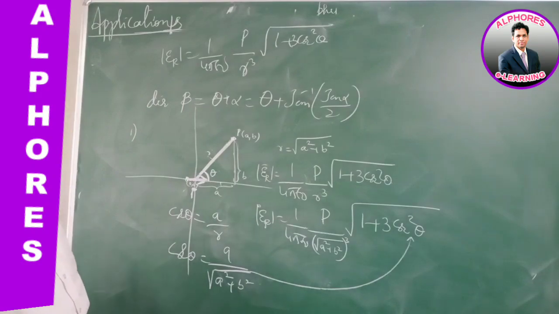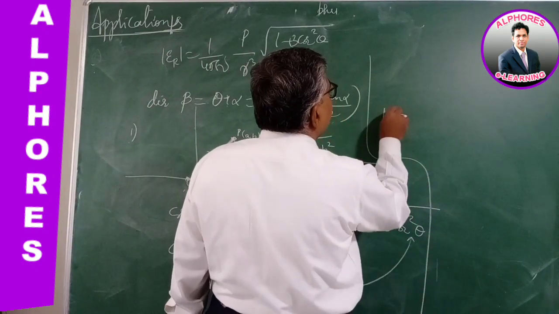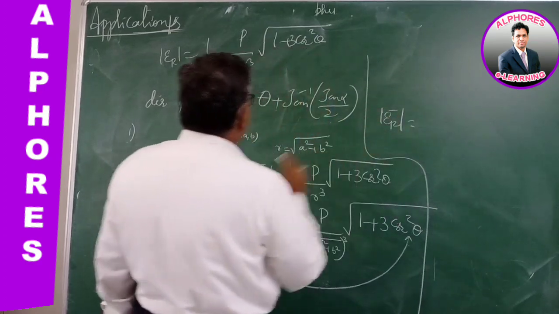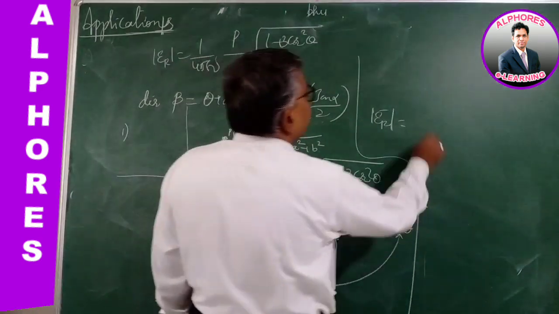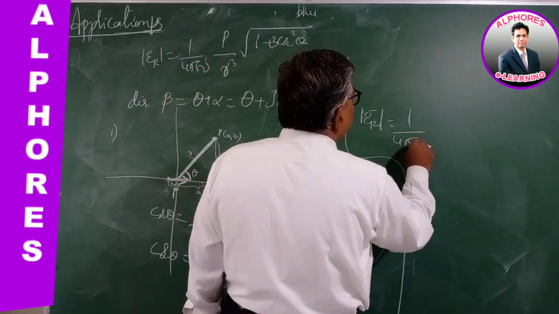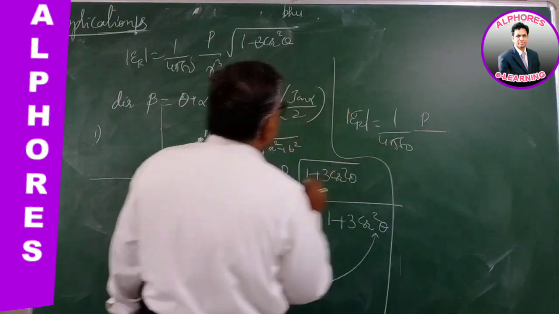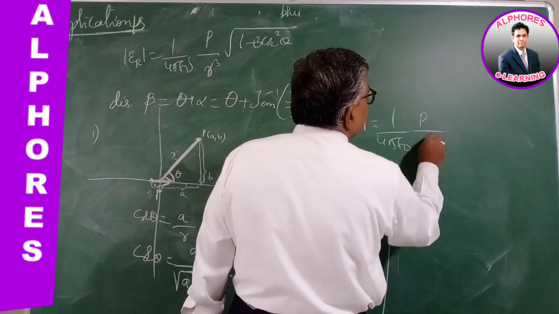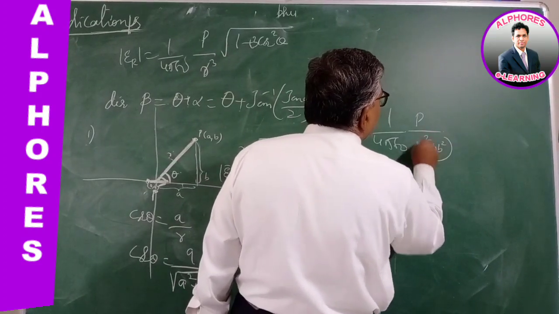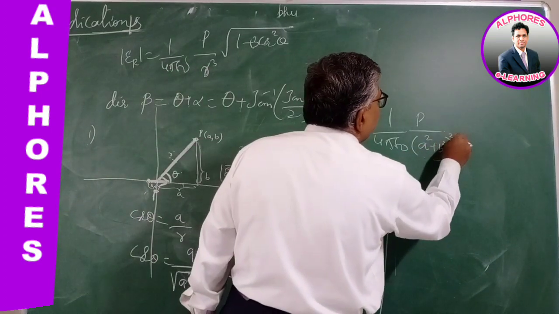So therefore, the resultant electric field intensity at an arbitrary point in the Cartesian plane with coordinates A comma B is 1 by 4 pi epsilon naught. The dipole moment of the dipole is P. The distance of the point gives A square plus B square whole power 3 by 2, since R cube is the cube of the root.